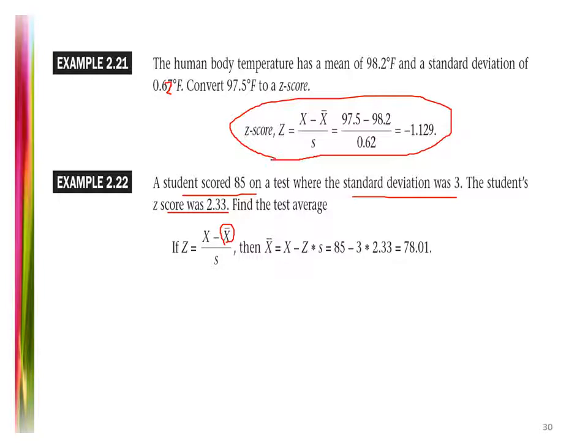They already gave the standard deviation equal to 3, the z-score equal to 2.33, and the individual observation equal to 85. Just substitute here, and x bar is equal to x minus the z-score multiplied by the standard deviation. That should be equal to 78.01. So that is x bar. So in this case, we can apply that formula in either direction.